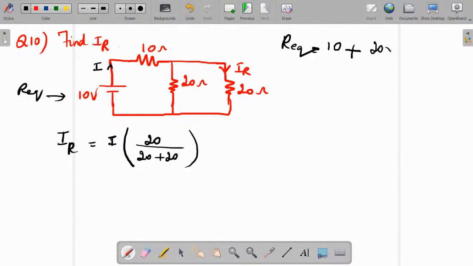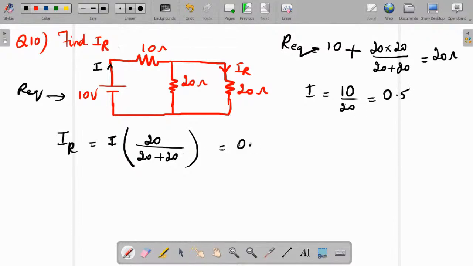So it is 20 into 20 divided by 20 plus 20. So you get 20 ohm as the R equivalent. Now what is I? I is equal to V by R equivalent. So it is 10 by 20, which is 0.5. So once we have found I, just substitute here. So 0.5 into 20 by 40. So the answer should be 0.25 ampere.